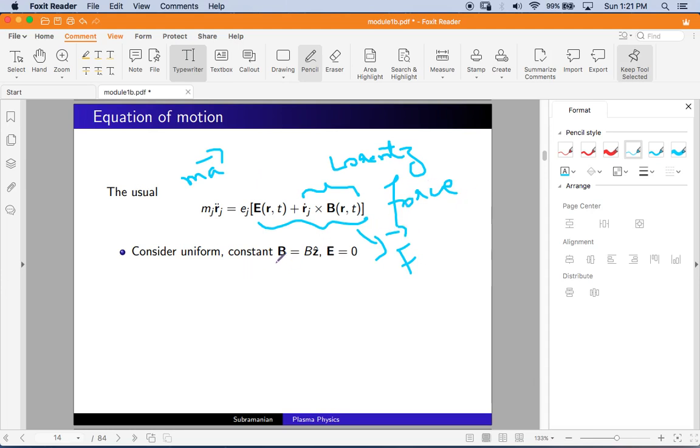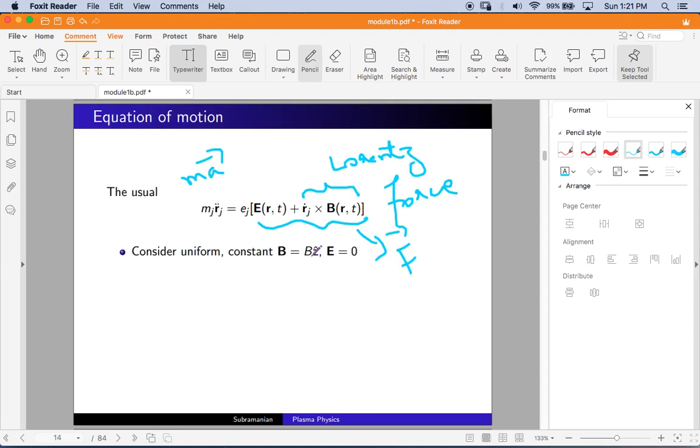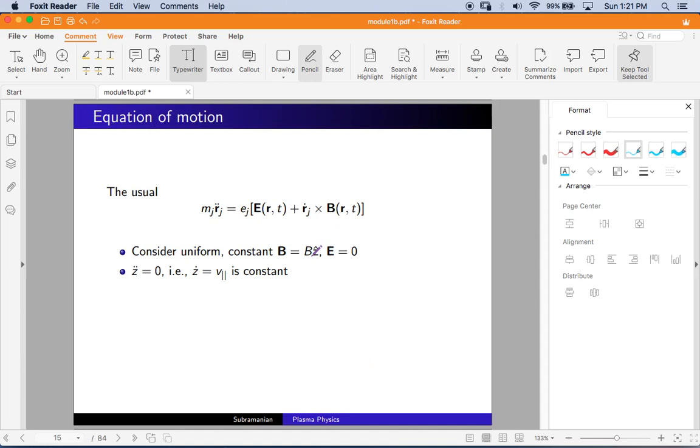F equals MA. That's all you're writing down. You specialize to a constant B like this, and you say that I neglect electric fields for the time being. If you write this down in all its coordinates, you disentangle the coordinates, and there's only a z component of B, you will immediately find out that there is no acceleration in the z direction. So z double dot is simply this.